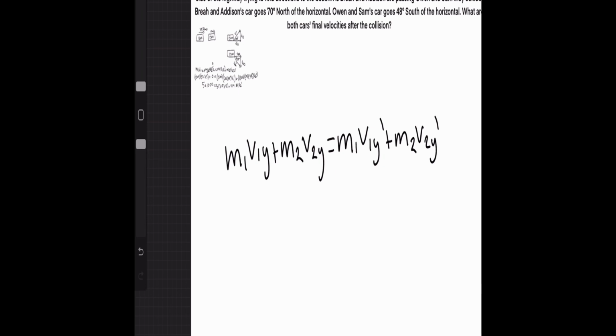So the initial momentum in the y direction is going to be equal to the final momentum in the y direction. Now, both of these are 0 because Breah and Addison's car was moving in the x direction, so therefore they have no initial y component, and Sam and Owen's car was at rest, so they have no initial y component either, making this side equal 0.